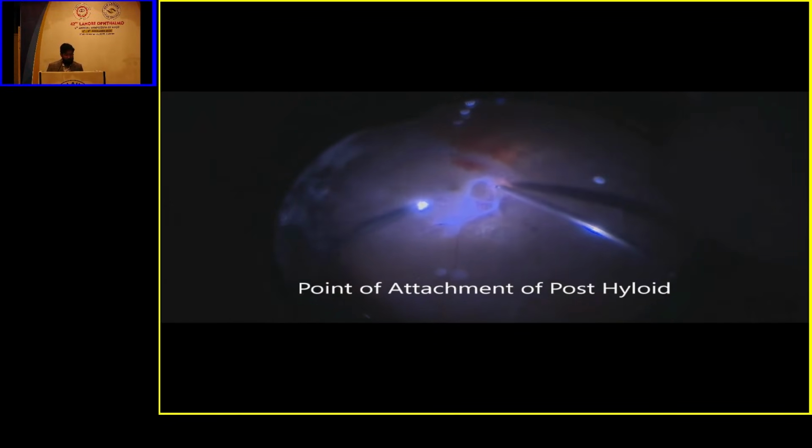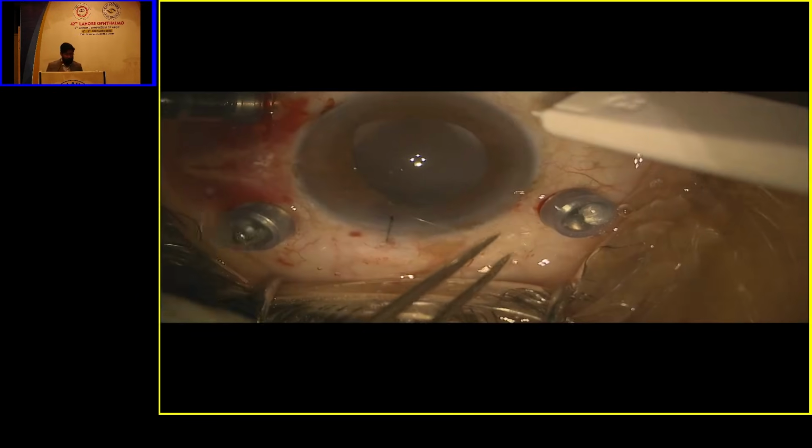Now checking the central retinal traction and the attachment of the posterior hyaloid is very important in these situations, because most of the breaks occur here at the attachment points.